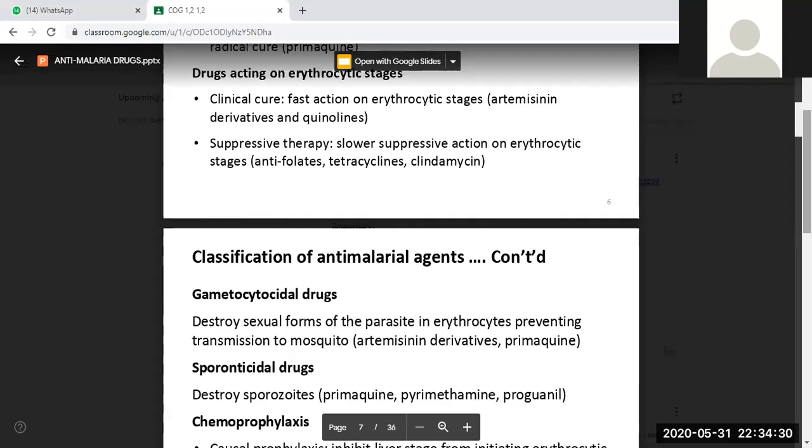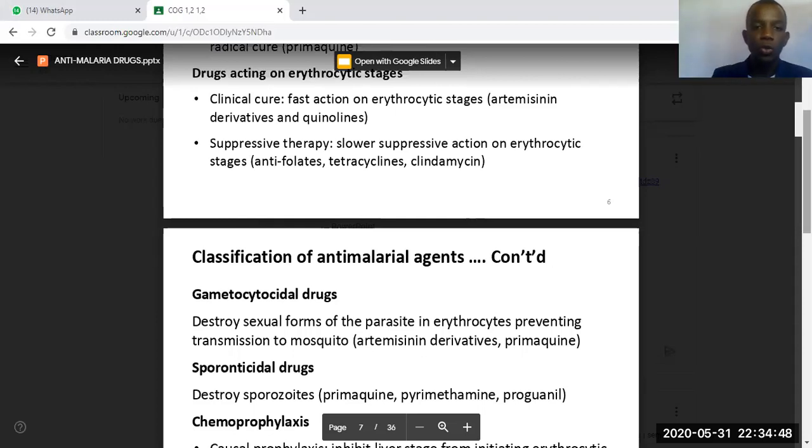When you give these drugs, this process will be inhibited. We are told that these drugs have a fast action on this erythrocytic stage. Examples we can give of such drugs are artemisinin derivatives and quinolones.